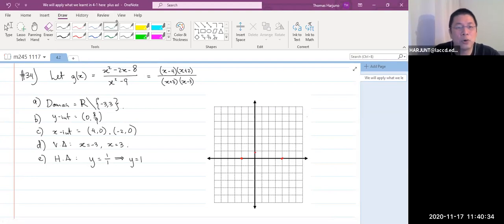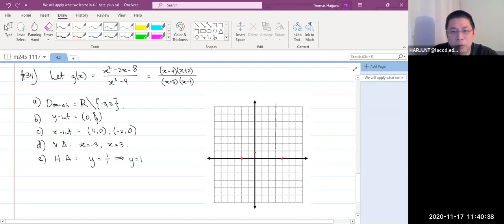The vertical asymptotes are x equals 3 and x equals -3. The horizontal asymptote is y equals 1.